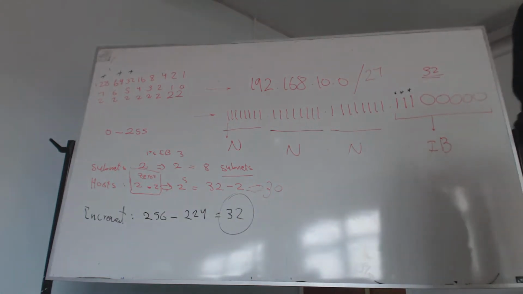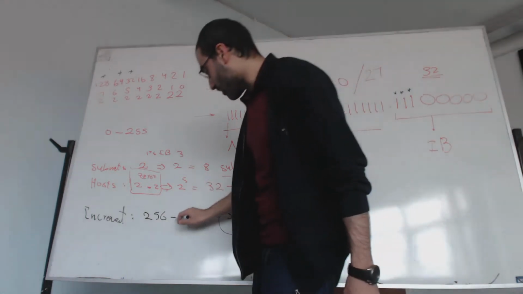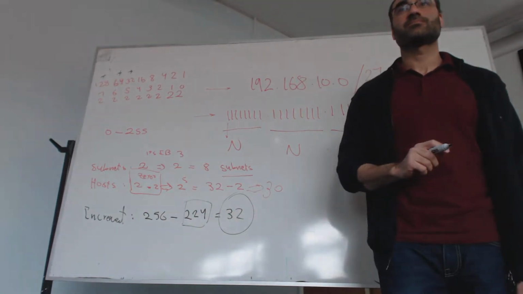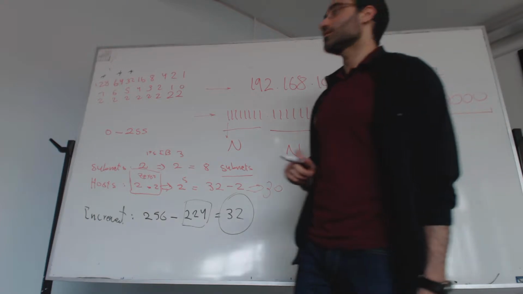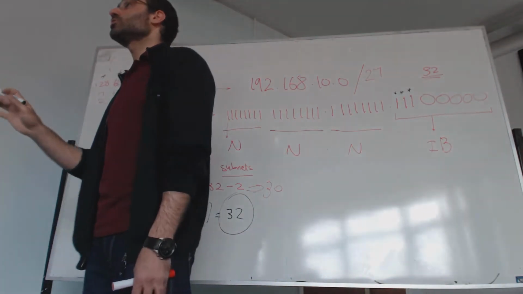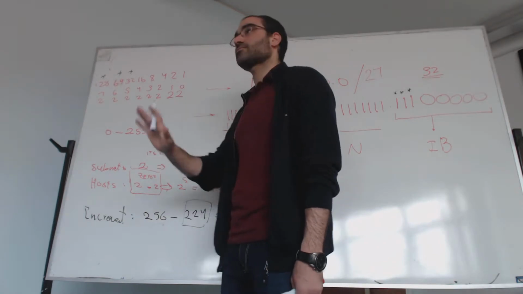What's the formula? 256 minus the value of the ones in decimal. That 256 is the actual rule, it's fixed.